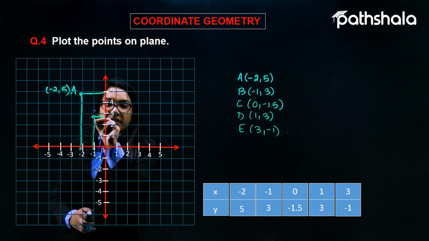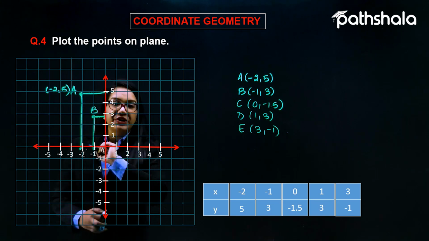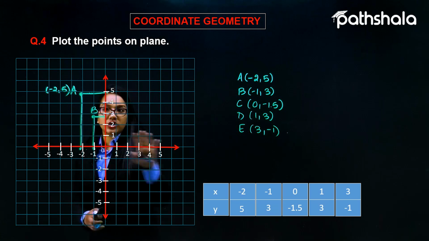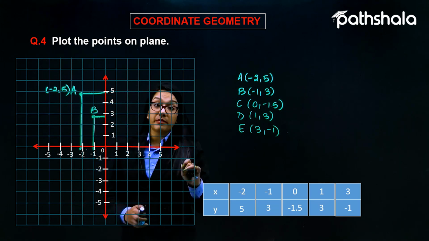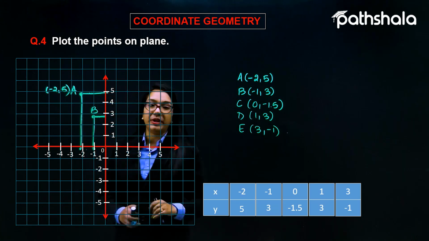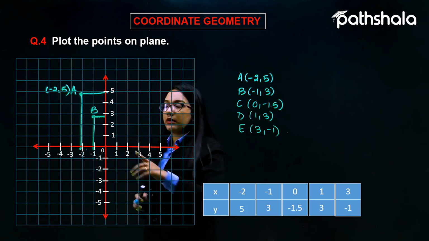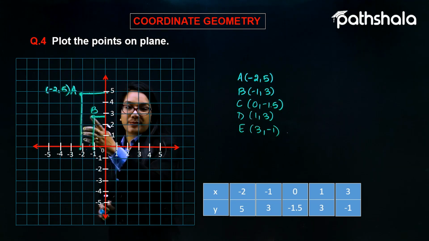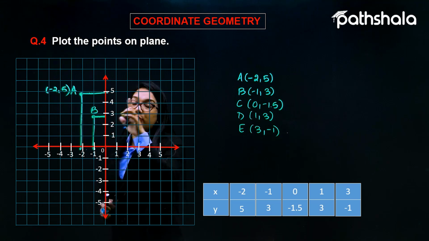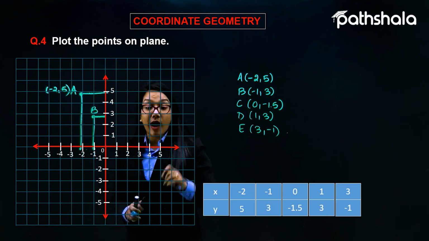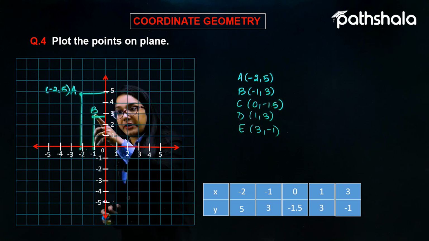Hence this point is called B, whose coordinates are -1 comma 3. I'm not writing the coordinates here because of the little space, but always remember to write the coordinates with the point B.